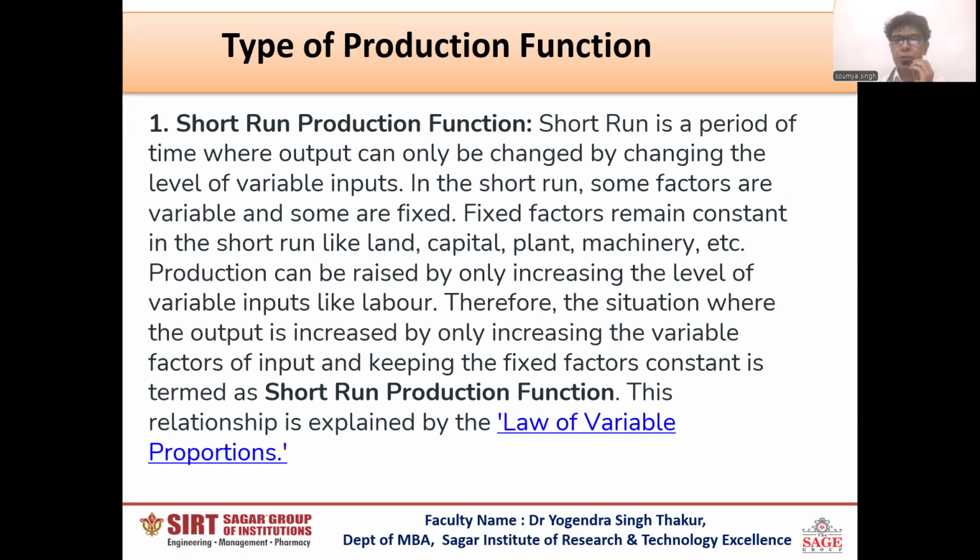The situation where output is increased by increasing only the variable factors of input while keeping the fixed factors constant is termed the short run production function. This relationship is explained by the law of variable proportions. That is most important for you.